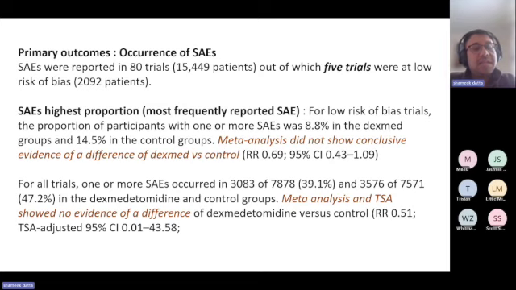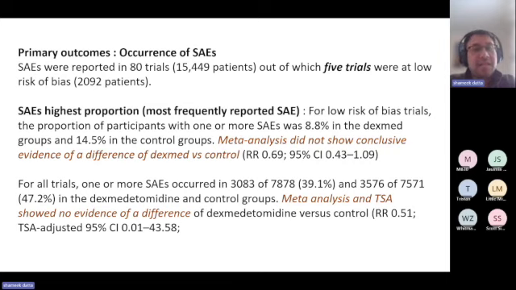So regarding results, for SAEs, the SAEs were reported in 80 trials, out of which only 5 trials were at low risk of bias. The most frequently reported side effect was hypertension, followed by bradycardia.